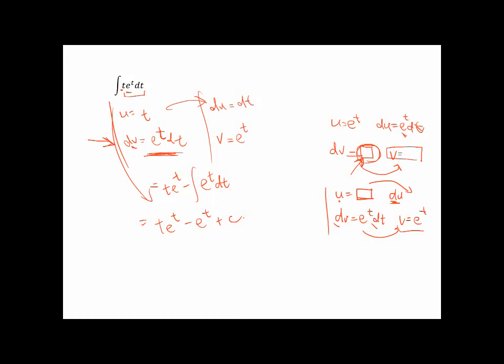That's the reason why I tend to put the exponential function at the dv position. As long as I see an exponential function, I tend to put it at dv. Okay, let's see the next one.